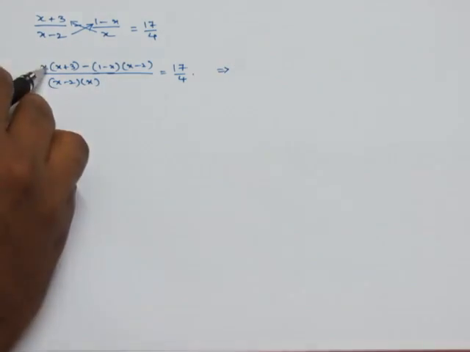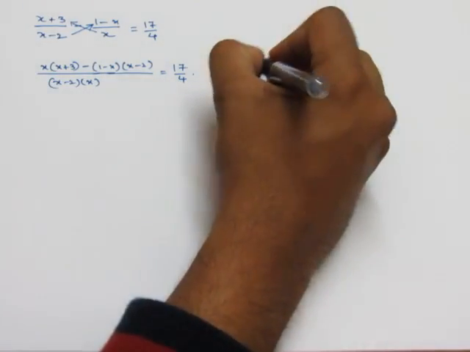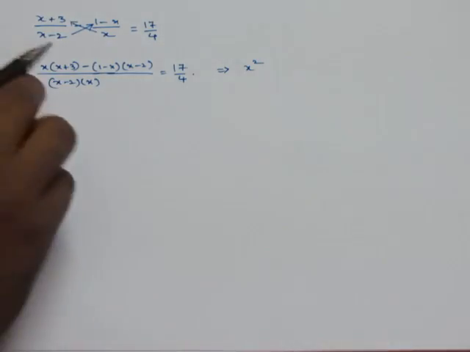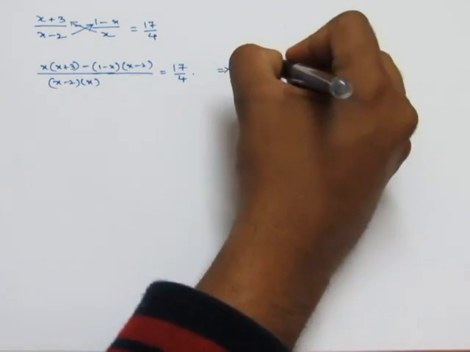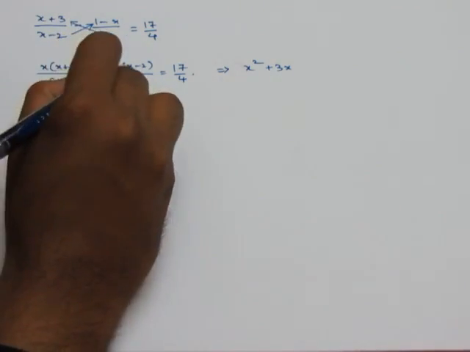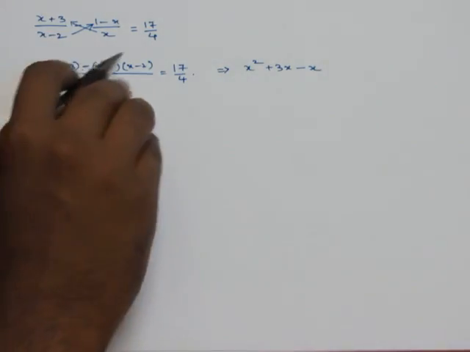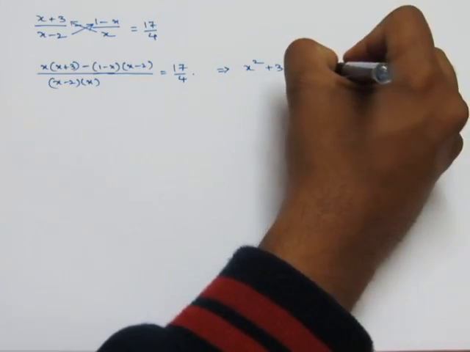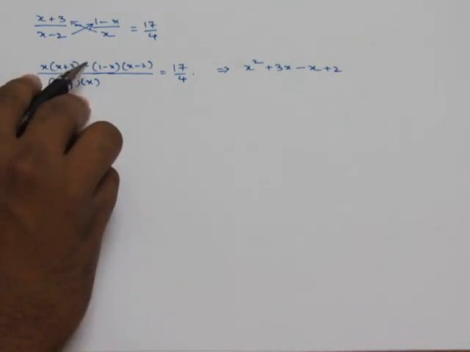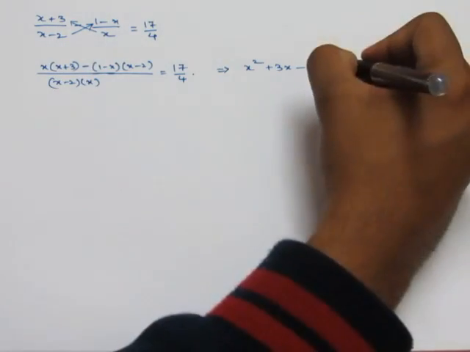Now solving these products, what do I get? x into x, I get x square. x into 3, I get plus 3x. Minus 1 into plus x, I get minus x. Minus 1 into minus 2, I get plus 2. Minus of minus x into x, I get plus x square.